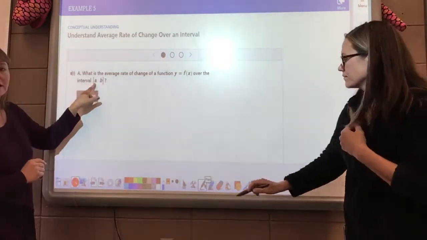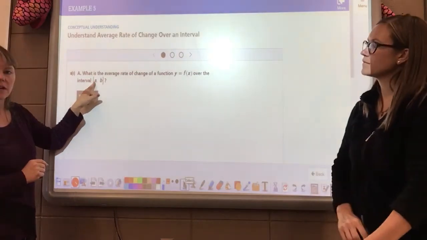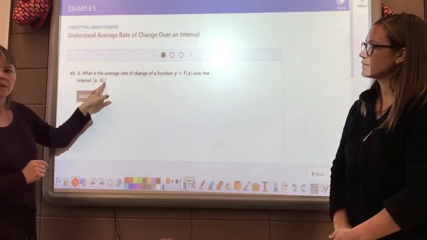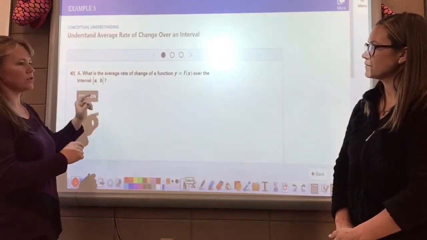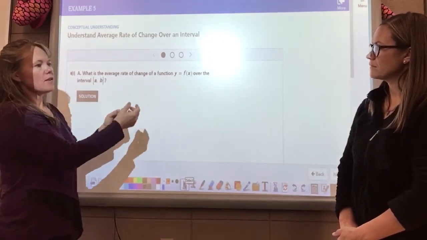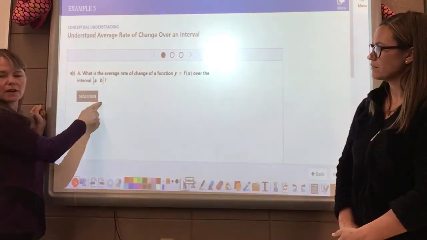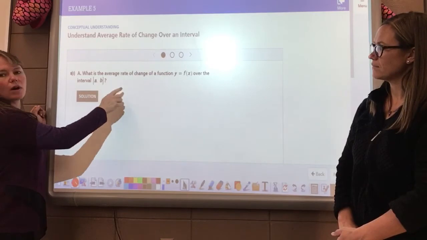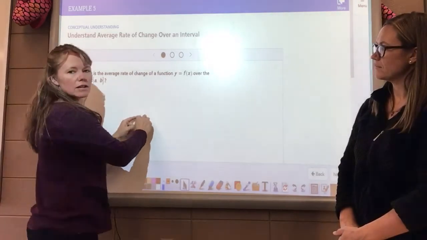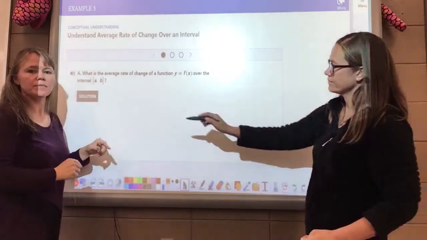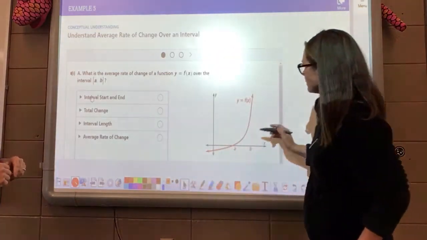Now remember, this is an interval, so this is an x value, and this is an x value. So typically what you do is you go to your function, whatever it is, find the y value that goes with a, find the y value that goes with b, and literally find the slope between them. That's what average value is.